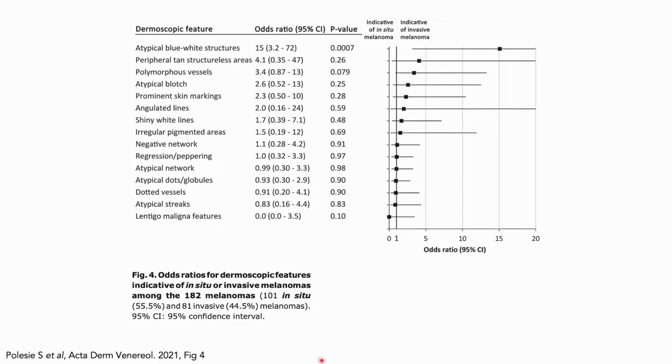As you can see in this figure, atypical blue-white structures was in fact the only dermoscopic feature that was useful in terms of differentiating between in situ and invasive melanoma with a high odds ratio. No features per se were indicative of in situ melanoma.